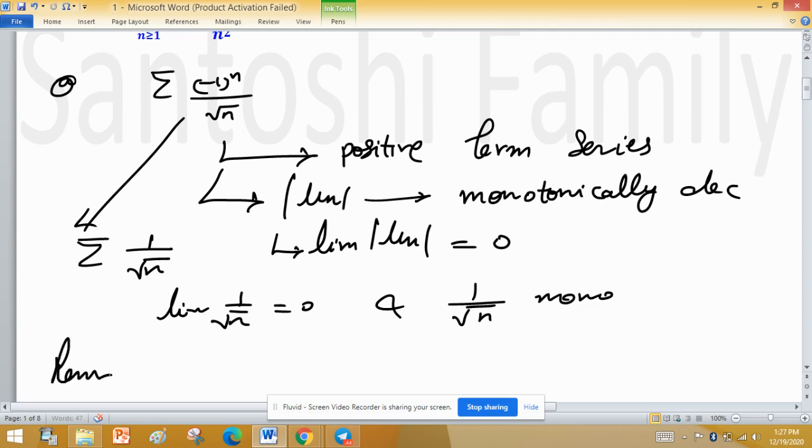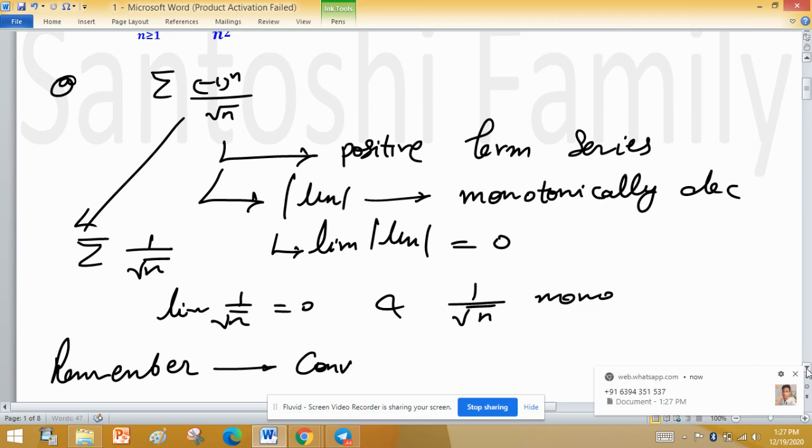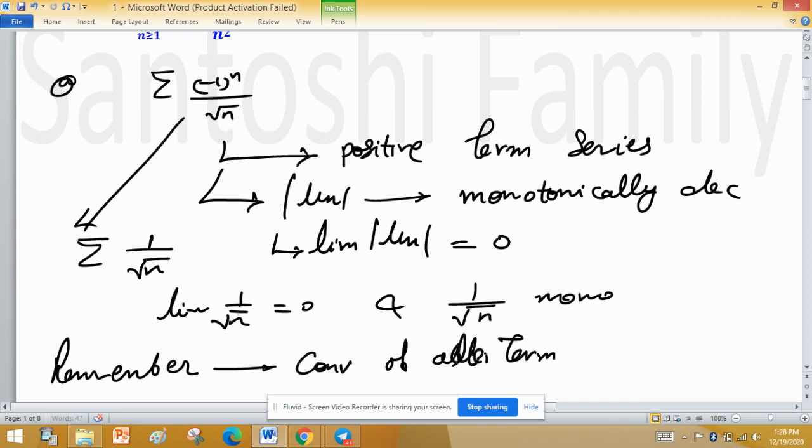Remember one point: convergence of an alternating series doesn't imply absolute convergence.